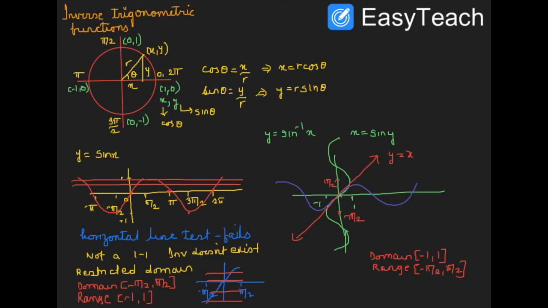You can see here I get mirror images, and I am only looking into this part. We've already shown the restricted domain in both the cases, and therefore this is the graph of sine inverse x. I hope you've understood the concept. So in the next video we can discuss cos inverse x.